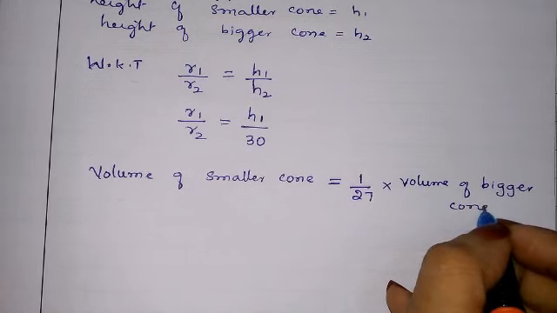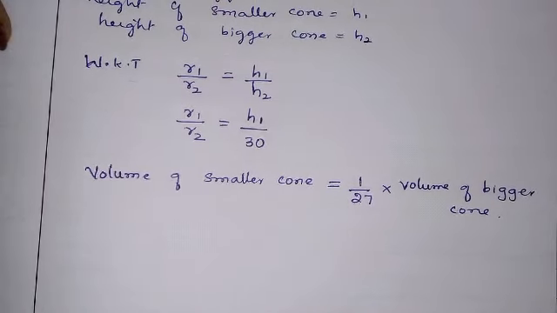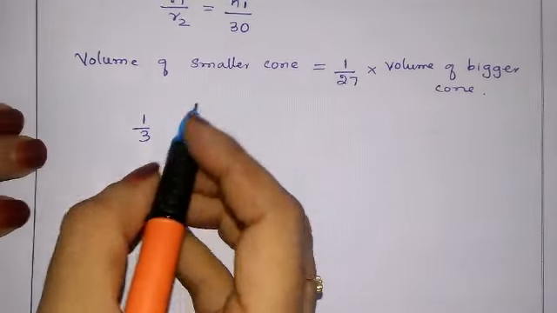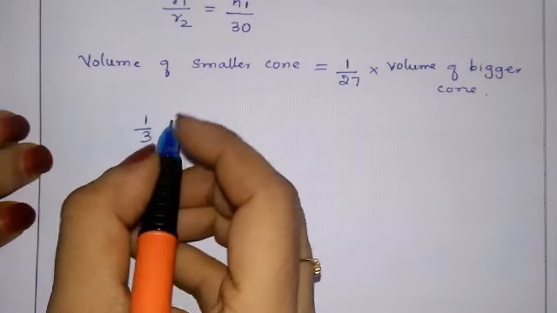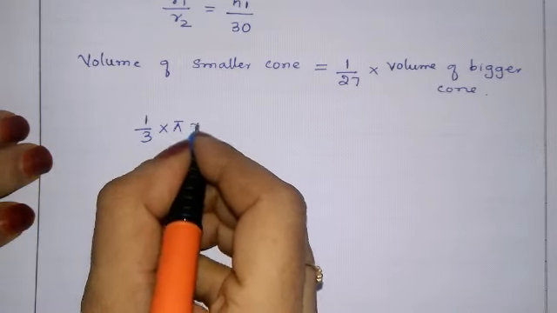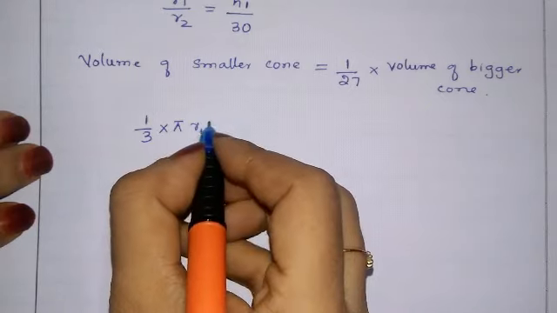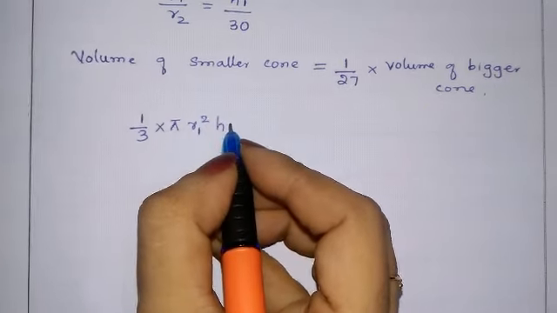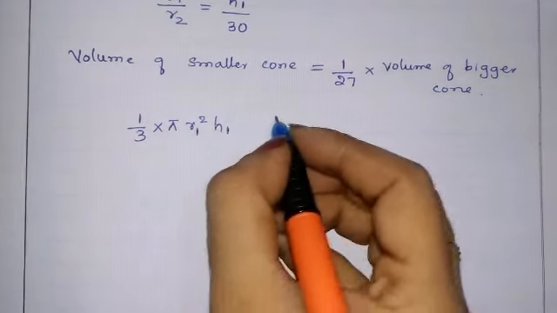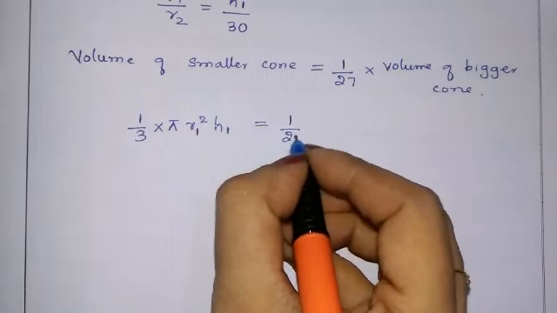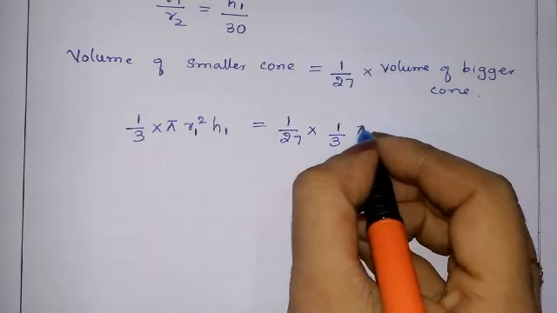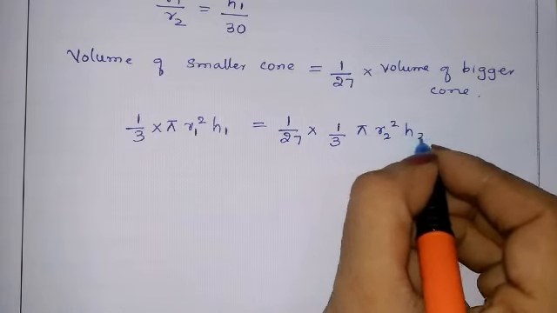Now the volume of the smaller cone is 1 by 3 pi r1 square h1, because the radius of the smaller cone is r1 and height is h1, is equal to 1 by 27 into the volume of the bigger cone, 1 by 3 pi r2 square h2.